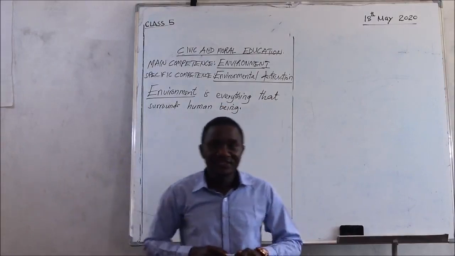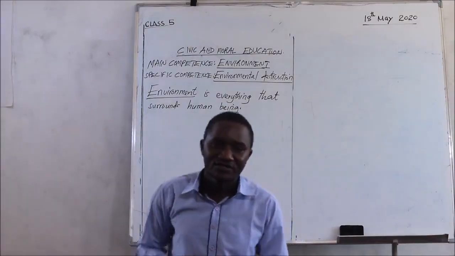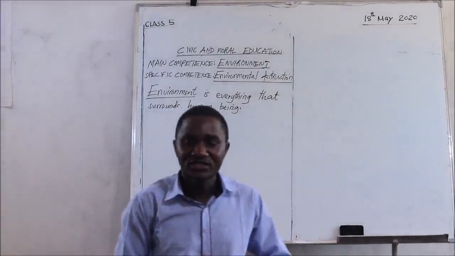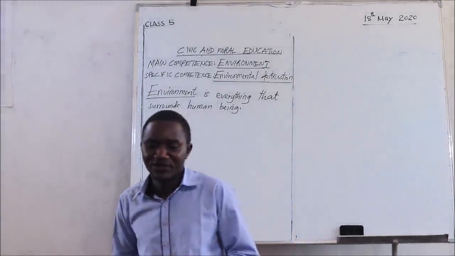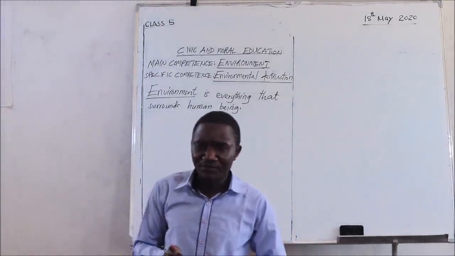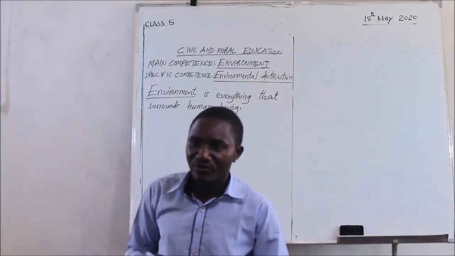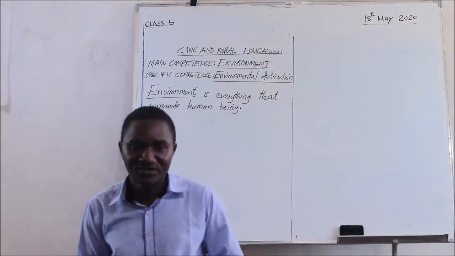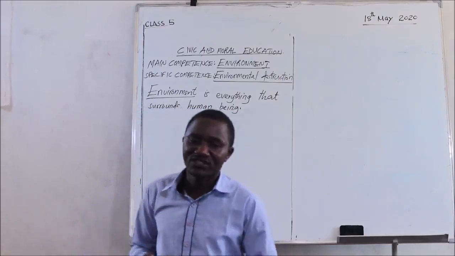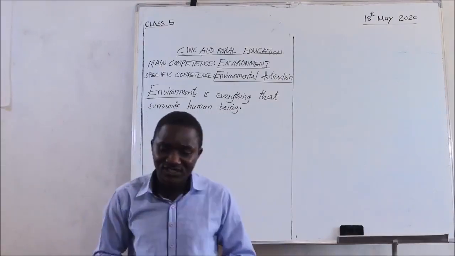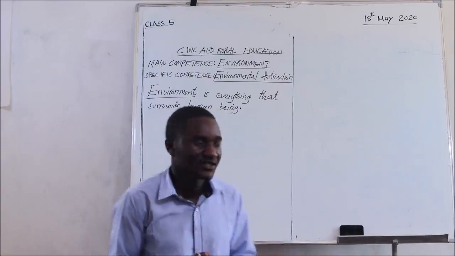Environment is everything that surrounds human being. So every human being is surrounded by environment. Environment is also divided into two main components. The two main components of the environment are living component and the non-living components.